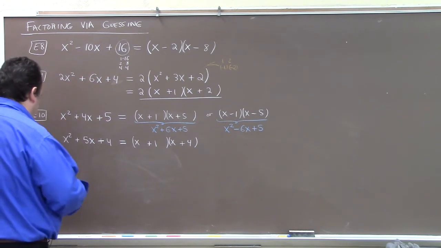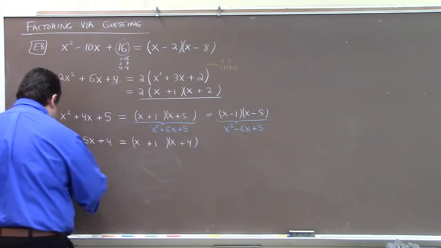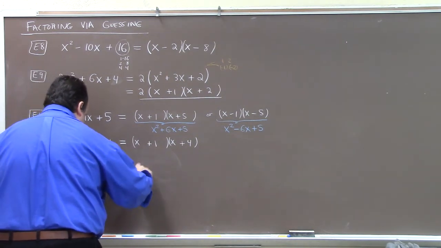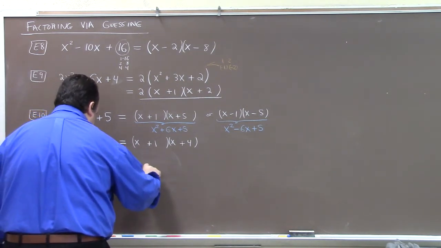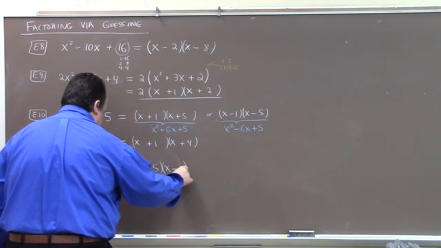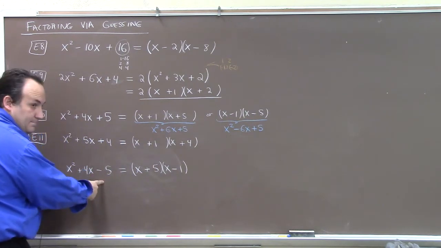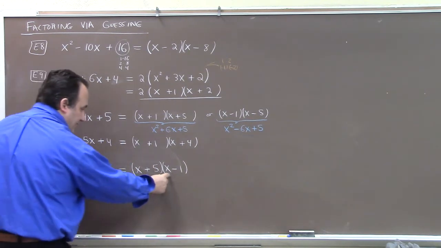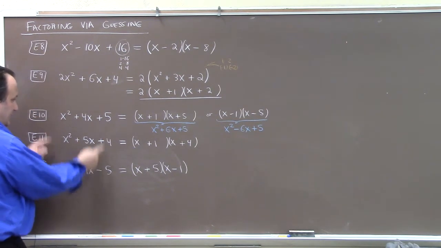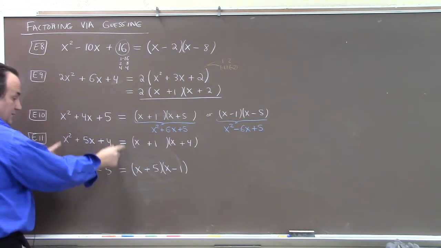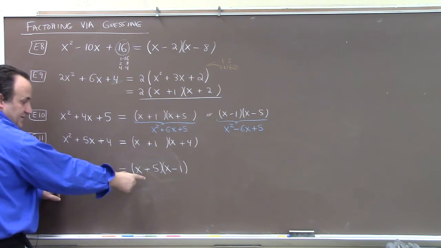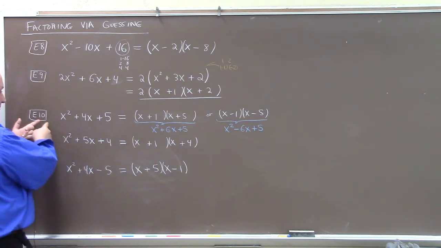But that would be, okay, so now I agree with you, but x squared plus 4x minus 5 is a different problem. So you said x plus 4, x plus 5? Right, so that one is how you factor this one. Plus 5x minus x gives me 4x. But there's a big difference between this one and that one, which is that this is plus 5, this is minus 5. So that is how to factor this one, but it doesn't help us here.